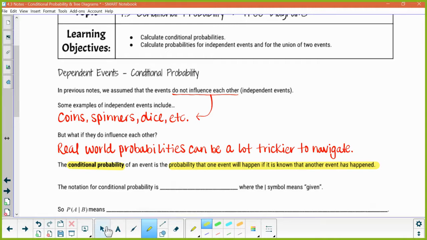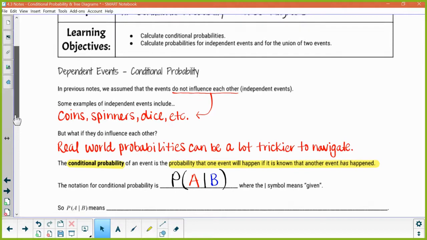The notation that we have for conditional probability is the probability of A given B, and given is this line right here. It's a bar. Most of the time on your keyboard, it's right underneath the backspace button with the forward slash. The bar symbol means given. A lot of the probability language in this unit is like its own language, so every time we see the bar, you should be reading it as given.